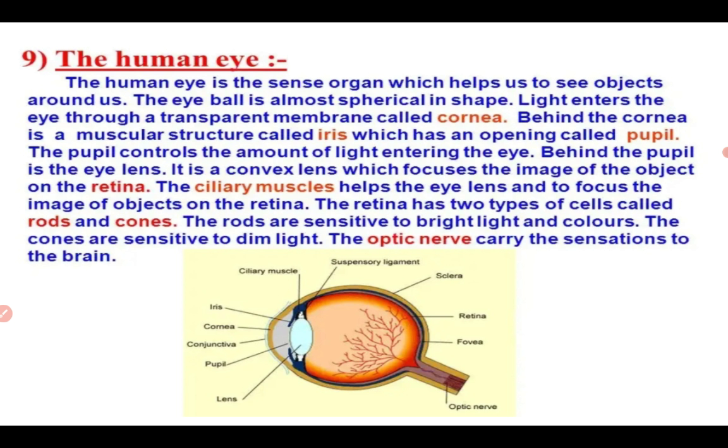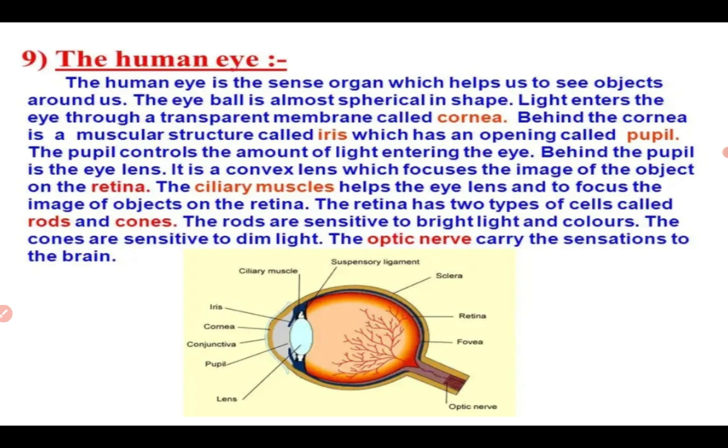The light forms an image on the retina, and when the light forms an image on the retina, there is a sensation, a stimulation in the cells of the retina, that is called rod cells and cone cells. Rod cells are responsible for dim light, and cone cells are responsible for bright light and colors.